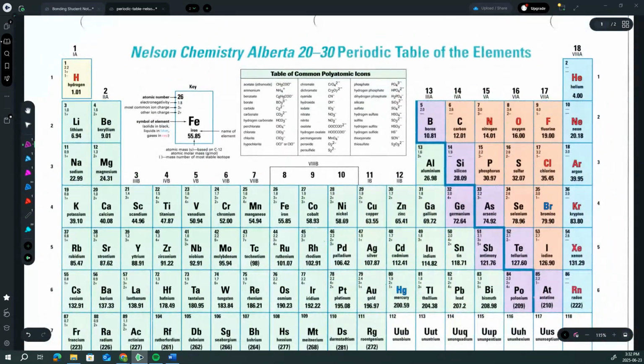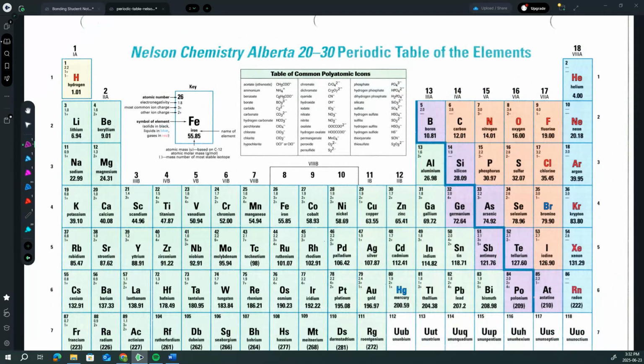Now, when I say that elements can be metal, non-metal, or transition elements, what that's referring to is the fact that periodic tables are organized very smartly.